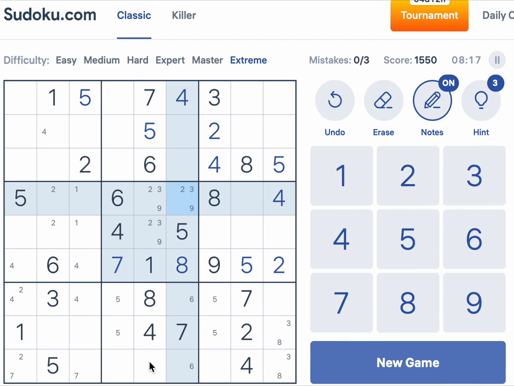And for this column as well, we're missing 239. And here we have a 5. For 8, it should be in one of these 3 positions. With this column having 8 as well, 8 should be in one of these 2 positions in this block.